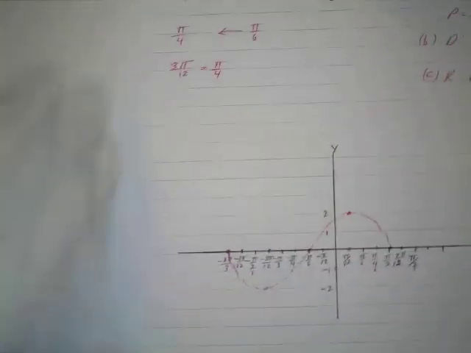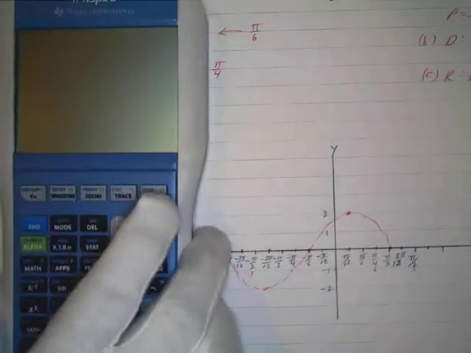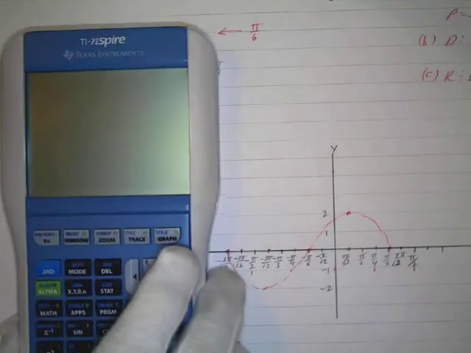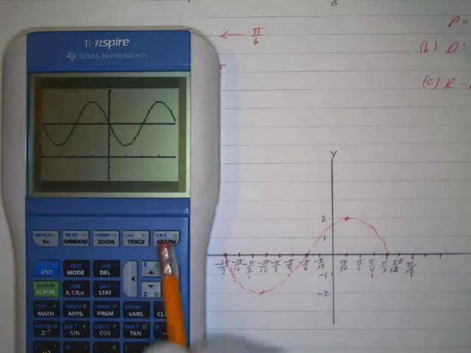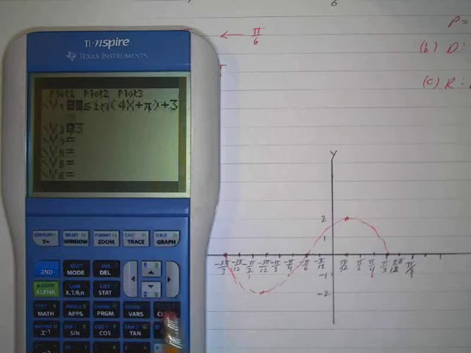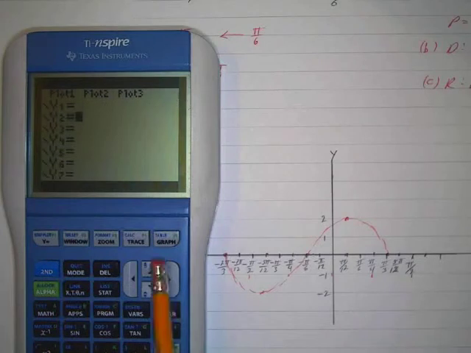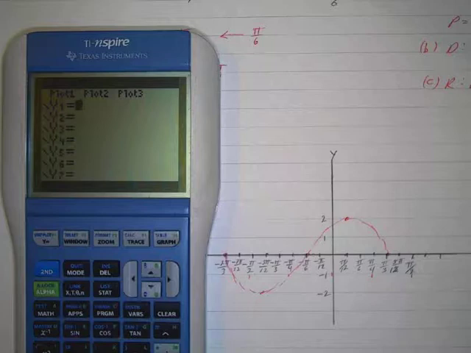It was a little bit easier because we didn't have a shift, but the intervals are really hard to deal with there because of the subdivision. So what I'll do is I'll put this guy on. Let's go over here, clear that one, and there's no shift, so we'll just put 2 sine parentheses, and then we have 2x plus pi over 3.